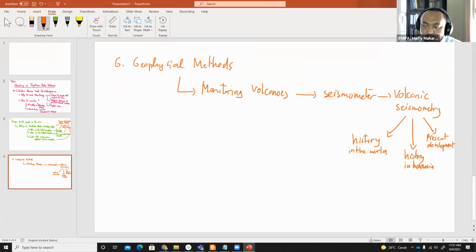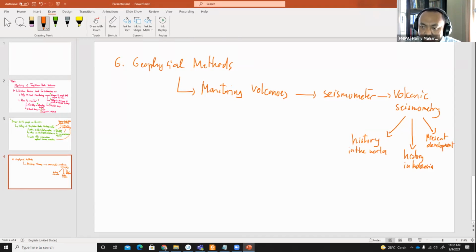When was it first applied, and what are the success stories of volcanic seismometry? Can it be used? When did seismometry become successful in terms of its usage, for example, in mitigating a certain volcanic eruption, so that the casualties are not as many as when the eruption was never monitored?